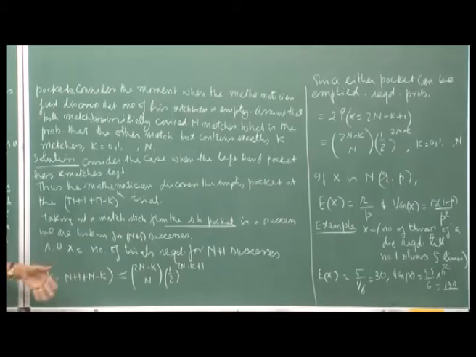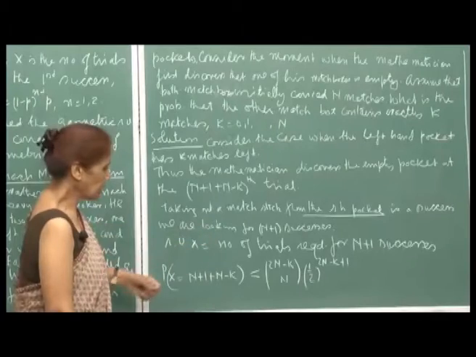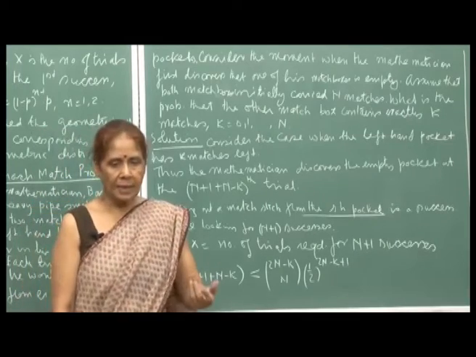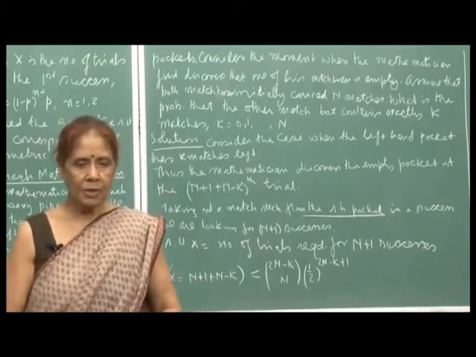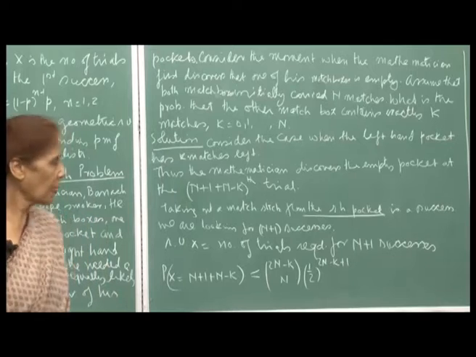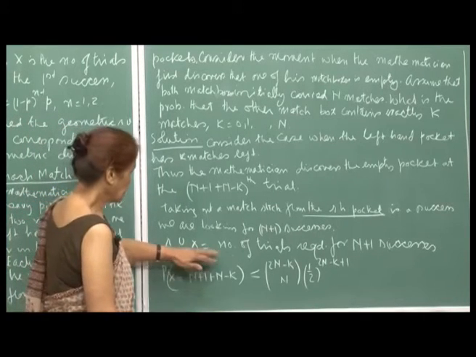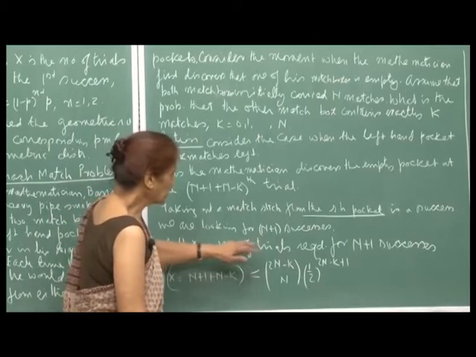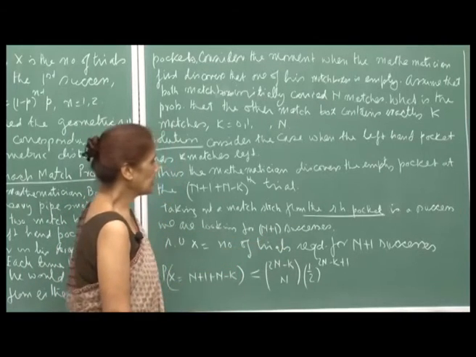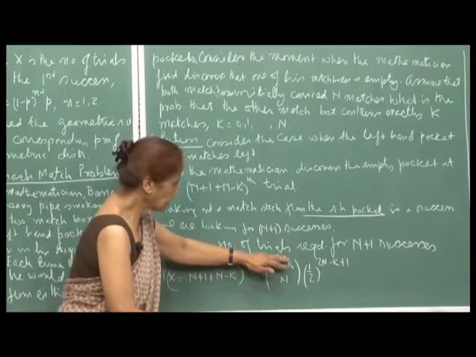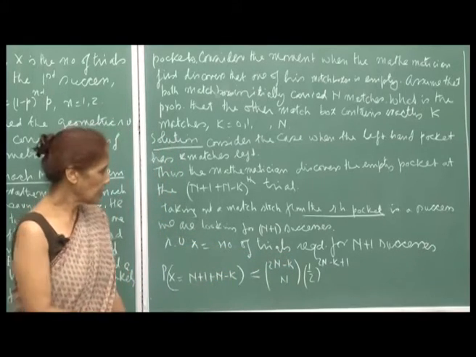That is a consequence of the match box getting emptied, but essentially putting his hand in the right hand pocket is a success and putting his hand in the left hand pocket is a failure. So, the random variable X is the number of trials required for n plus 1 successes, exactly the case for a negative binomial distribution.